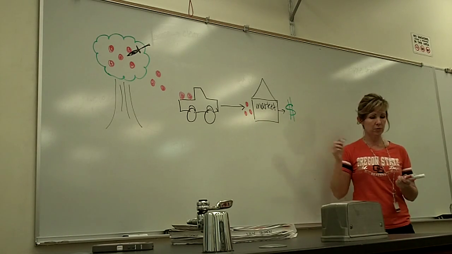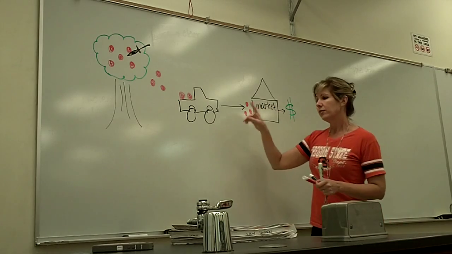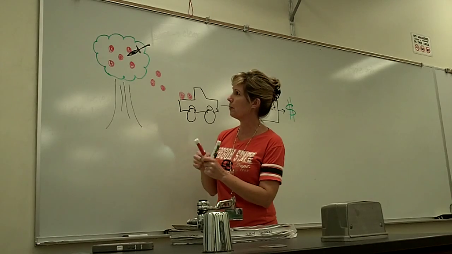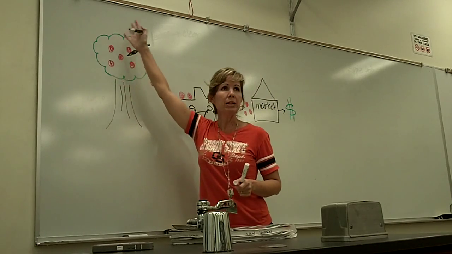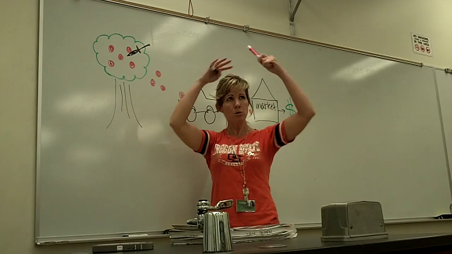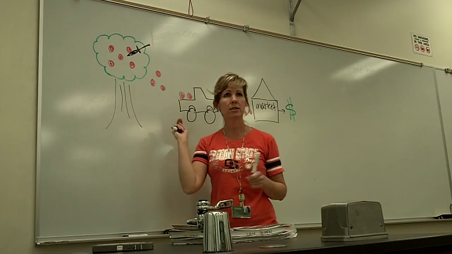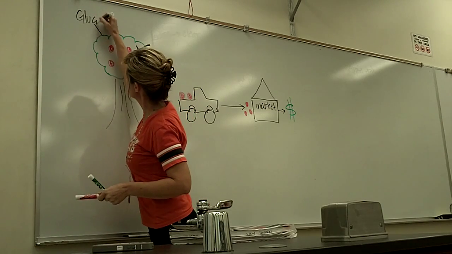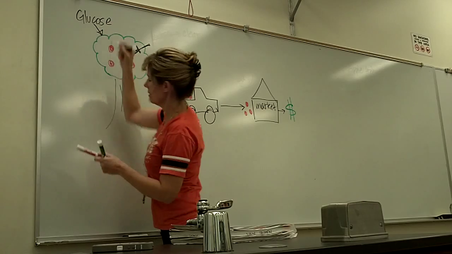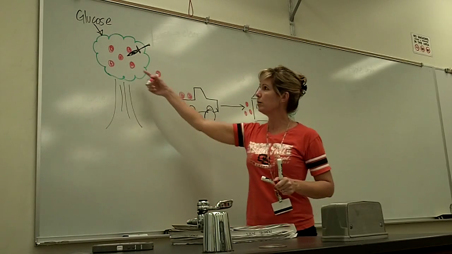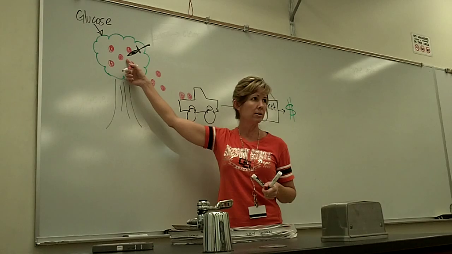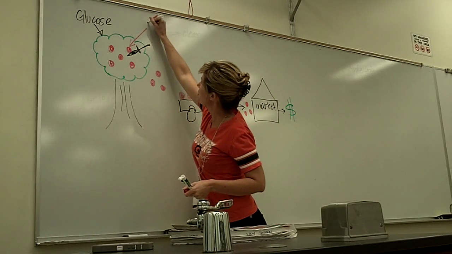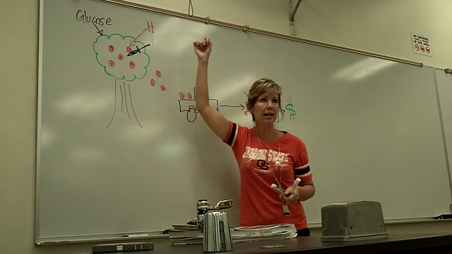So very similar with energy. So filling in more specifics about what all of these represent. The big tree, big complex organic compound, is supposed to represent glucose. And the things that will be harvested from glucose, these little apples, are supposed to be your hydrogen atoms.